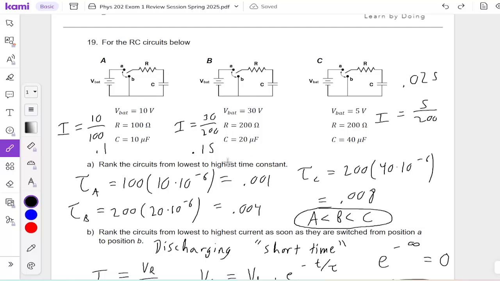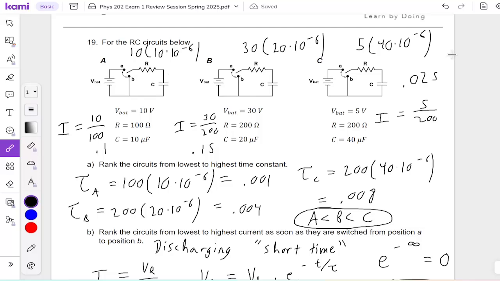But now we're just going to take these voltages, multiply them by the capacitances for all three. So 10 times 10 times 10 to the minus 6. We have 30 times 20 times 10 to the minus 6. And then last we have 5 times 40 times 10 to the minus 6. Did I do this? Really?